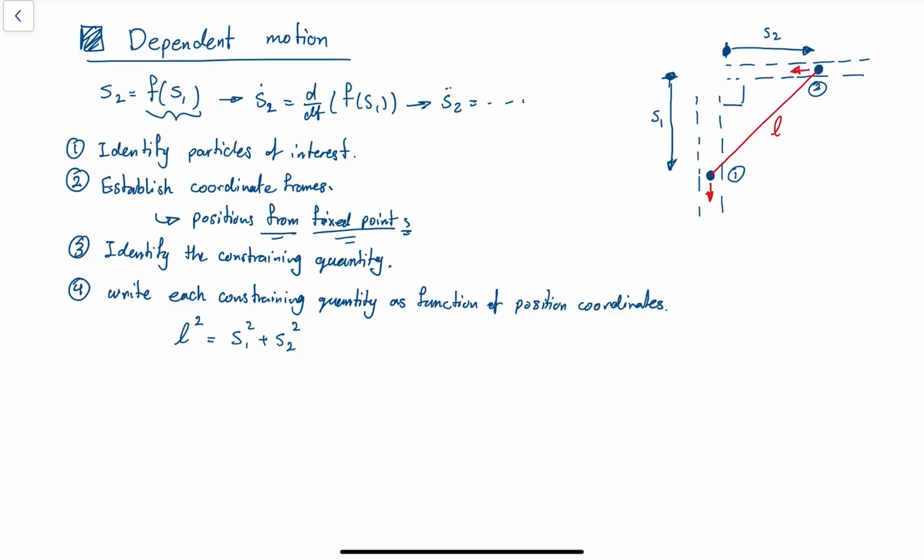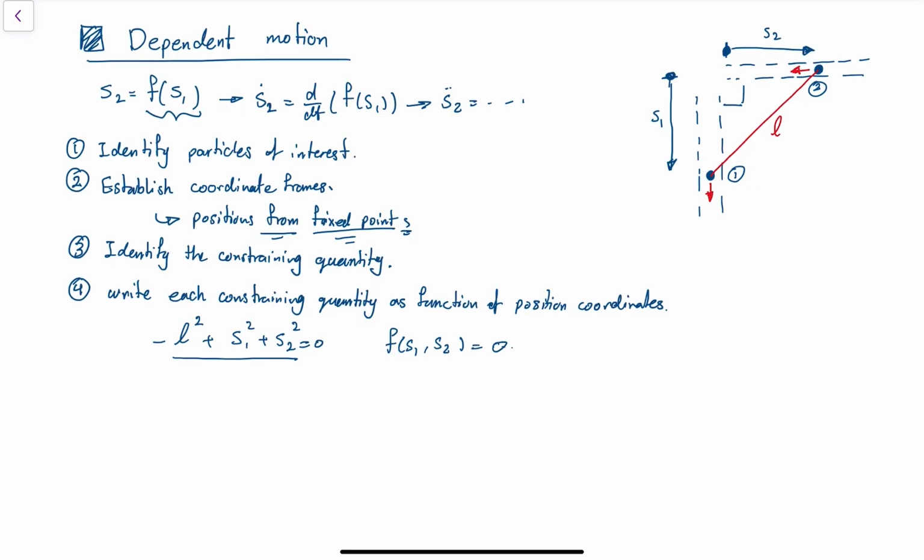This is really what you need: some function of S1 and S2 equals something, maybe 0. You can write it as S1 squared plus S2 squared minus L squared equals 0. You have this relationship, and you can take the implicit time derivative of this to get to the velocities.